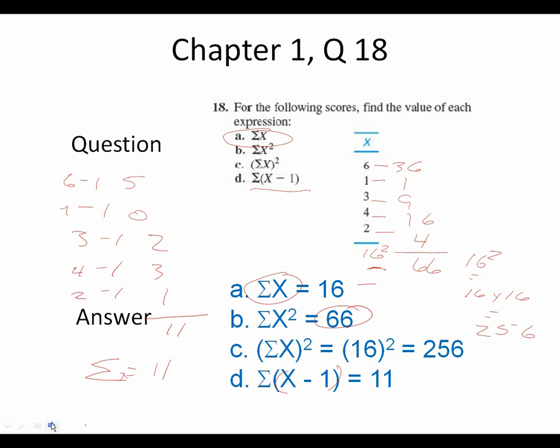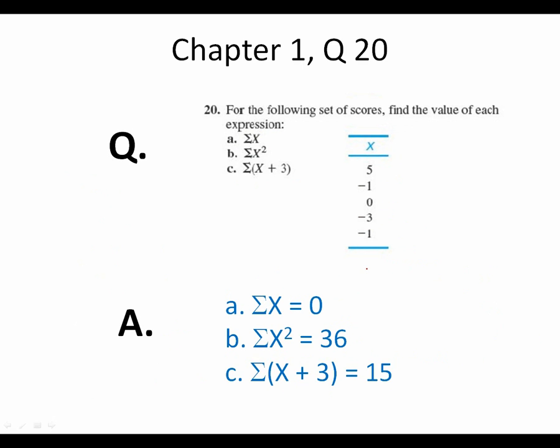Okay, let's pop over to the next one down here. Let me see if I can find that little arrow. And that's 20. And interestingly, this is very much the same, except that it's going to use some negative numbers. So the first question is, don't forget our X values here are 5, minus 1, 0, minus 3, and minus 1.